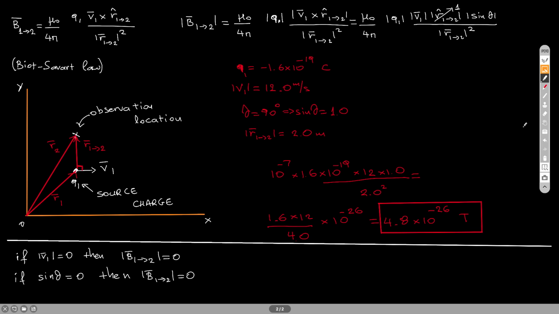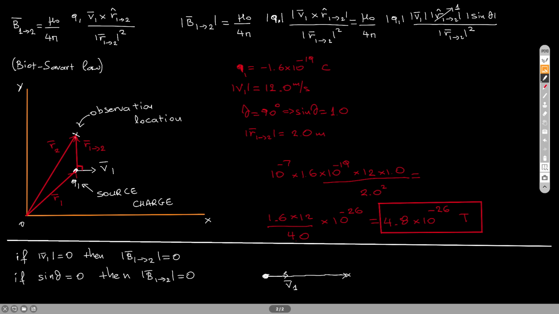So this means if your charge is here, if this is your source charge and it's moving this way, this is V1, the angle theta will be 0 when the observation location is here, so that the vector r will point in the same direction as V1.